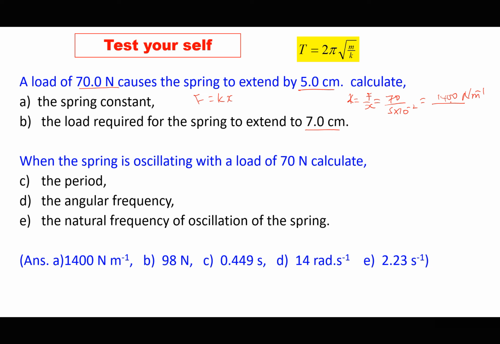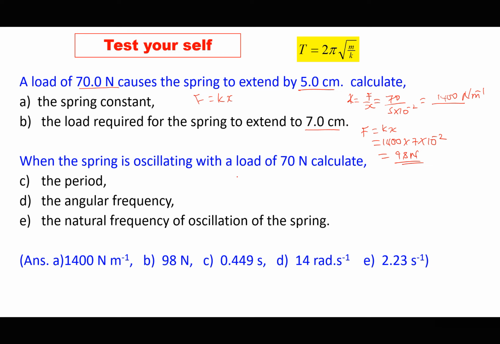Then the load required for the spring to extend to 7 centimeters. So F is equal to K times X, where K is 1,400 times X, which is 7 times 10 to the power of minus 2. So this would be 98 newtons.